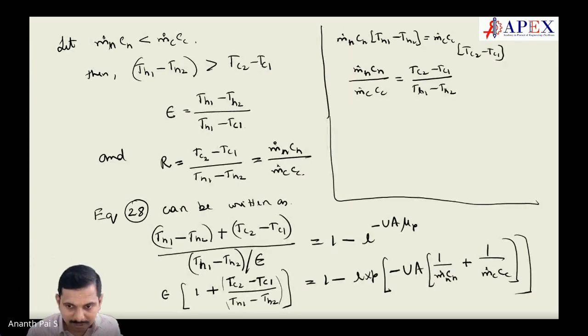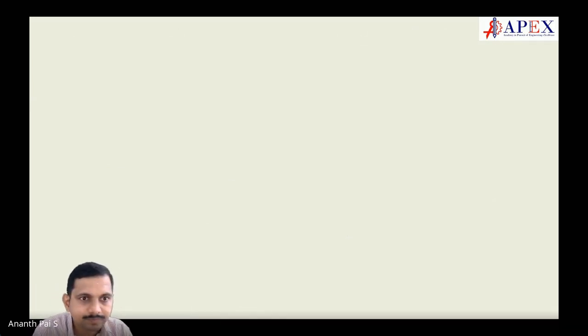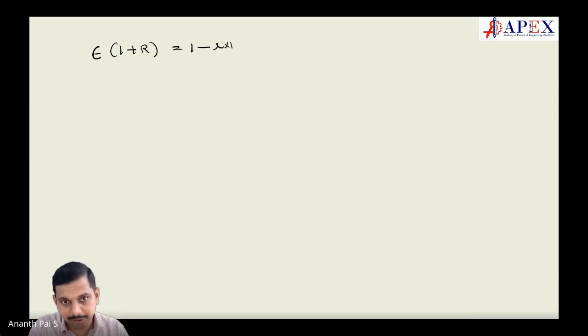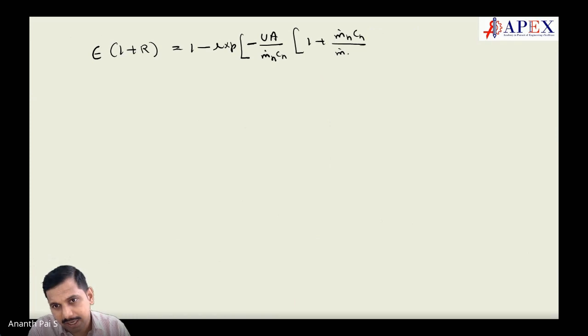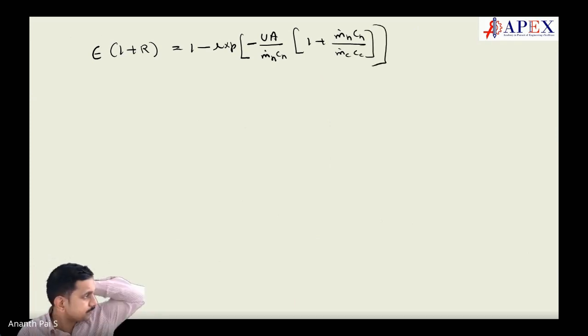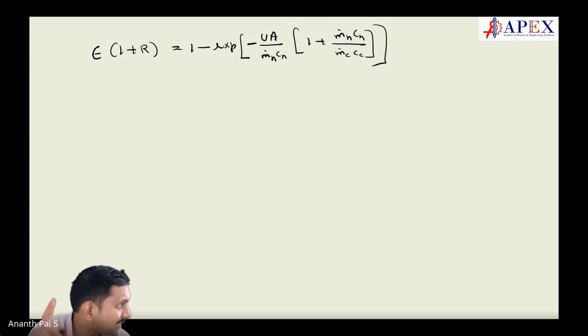Okay. Done? This is done. Now I can write epsilon into (1 plus R) is equal to 1 minus exponent of minus UA divided by m dot h Ch into (1 plus m dot h Ch divided by m dot c Cc). What is m dot h Ch by m dot c Cc? It's R again.